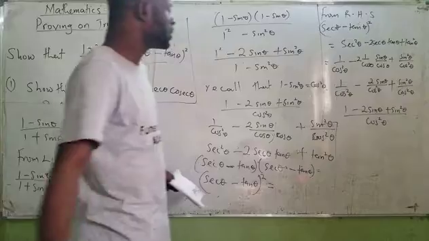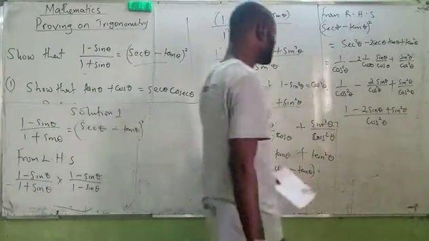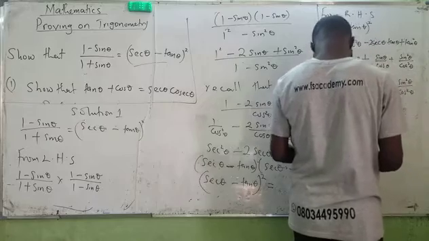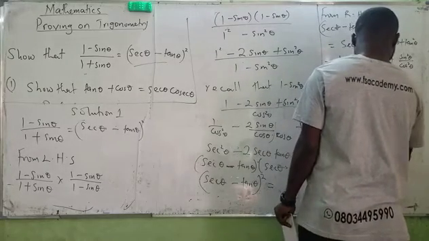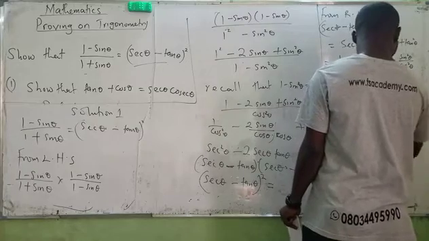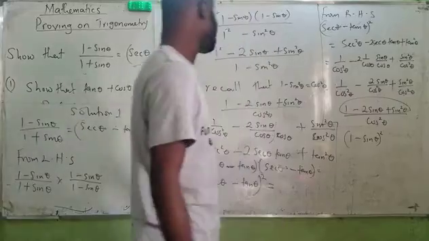With what I'm having here, I can easily say that 1 minus sine theta squared will give me what is here without any issue.